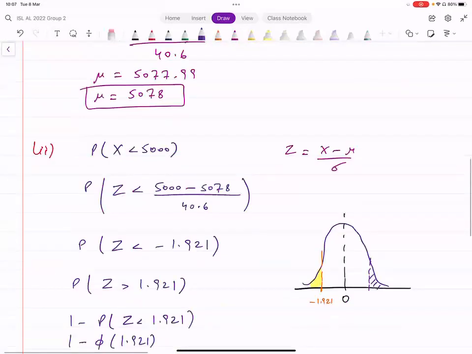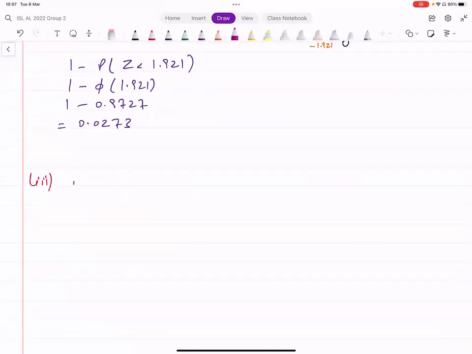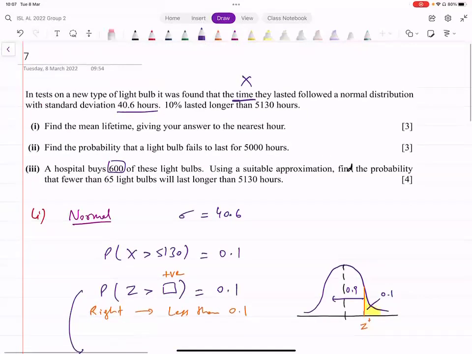Okay, so this is binomial originally. Binomial में n की value क्या है, 600. Probability क्या find करनी है, fewer than 65 light bulbs last longer than 5130 hours. What's the success here? Lasting longer than 5130 hours. That's our criteria for success. Okay?